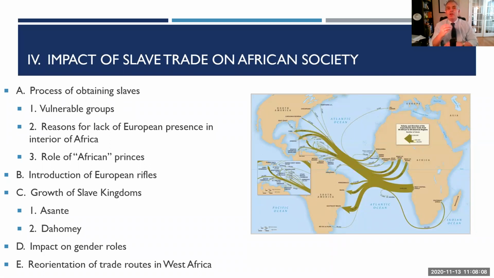So, for the most part, the Portuguese are going to show up on the coast of Africa and do business with, quote, African princes. And I put this in quote because Africa is a very large place. So we're talking about local princes. They're not acting in collaboration with some type of centralized effort.